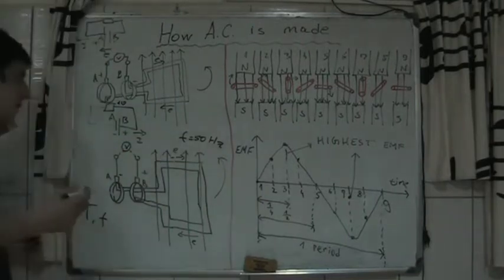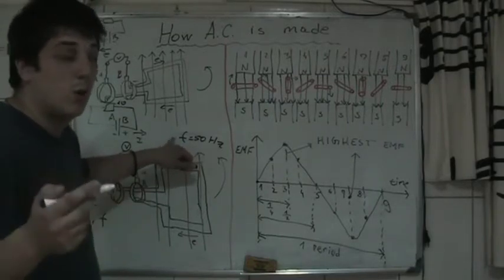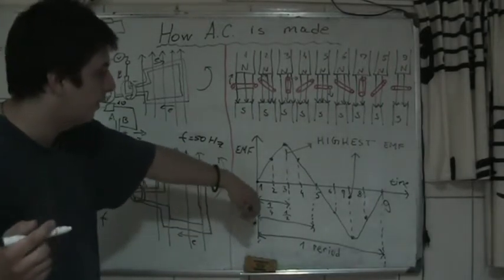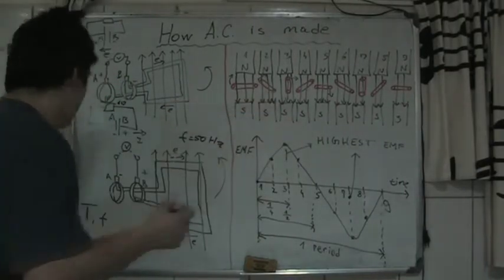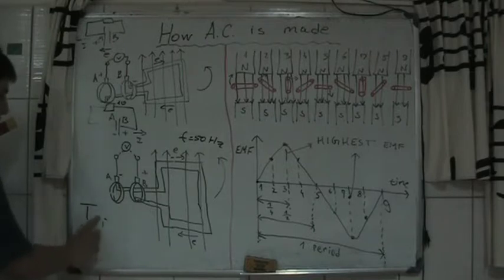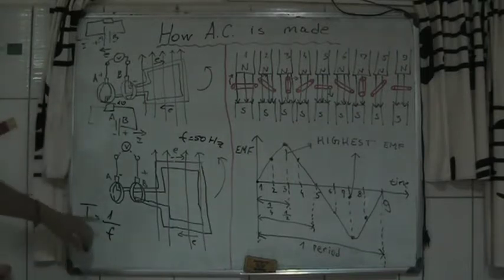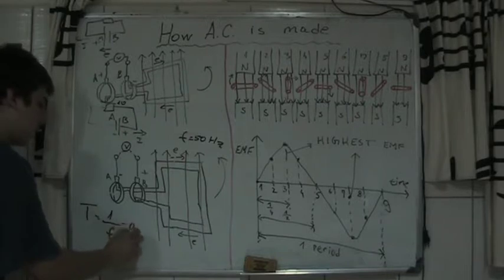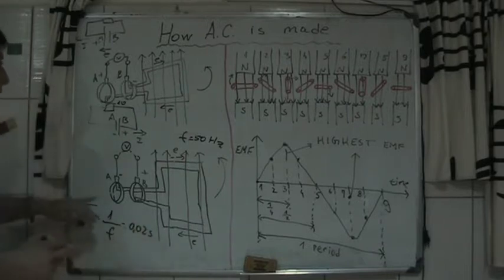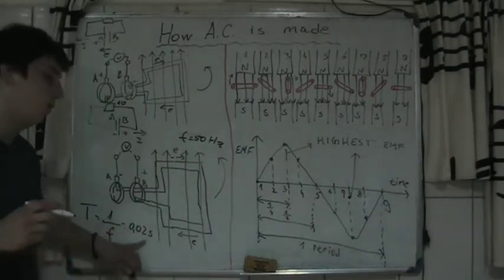So if you want to calculate the period of this induced EMF in the conductor, then the formula is T equals 1 divided by F. If you are in Europe, 1 divided by 50 is 0.02 seconds.